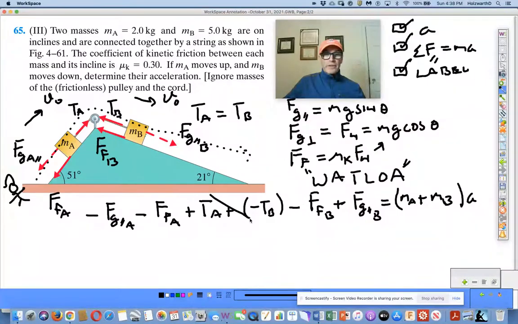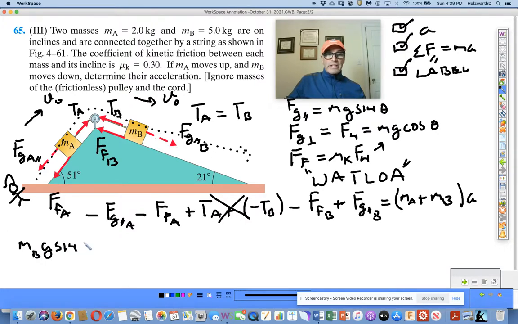All right. Let's specify what each of these forces represents. I'm going to start with what's positive and go left to right. So f sub g parallel is m sub b g sine theta.